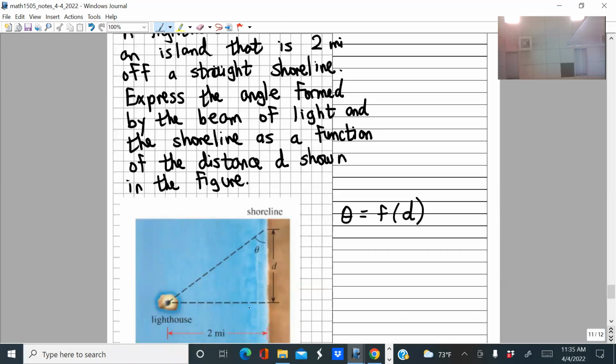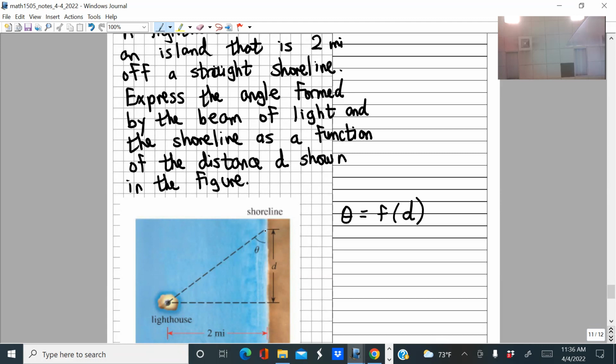You've got the lighthouse, and of course it's shining a light, and as you go a certain distance, say north of this due east-west line from the lighthouse to the shoreline, of course the light shines that far because this is a lighthouse.